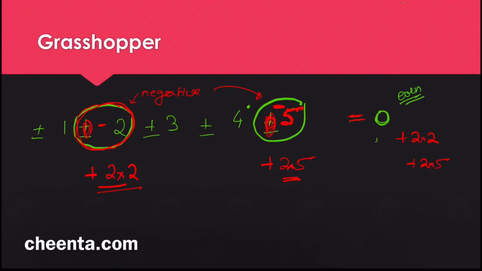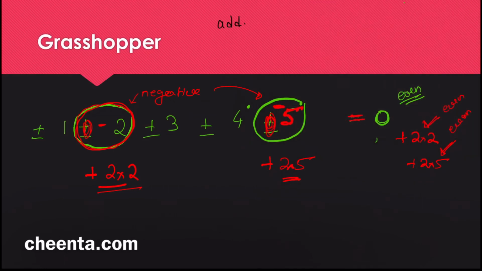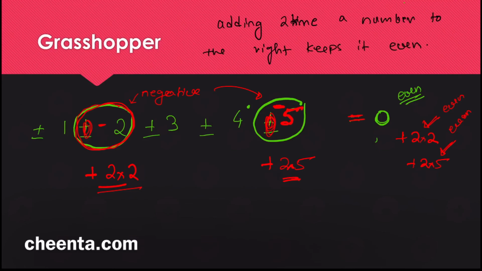Now notice that you are adding 2 times a number every time to the right hand side, so it will stay even. Adding 2 times a number to the right keeps it even, because you started off with 0, which was an even number, and then you have 2 times something, and then you again add 2 times something.